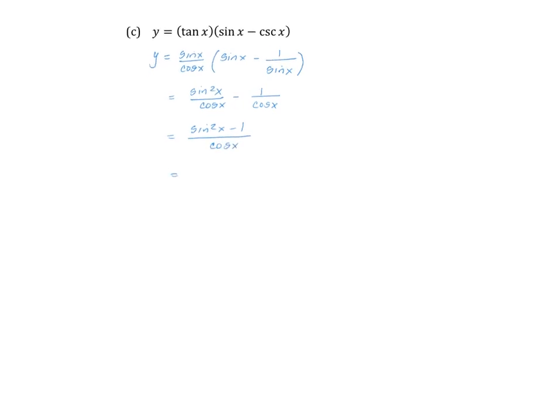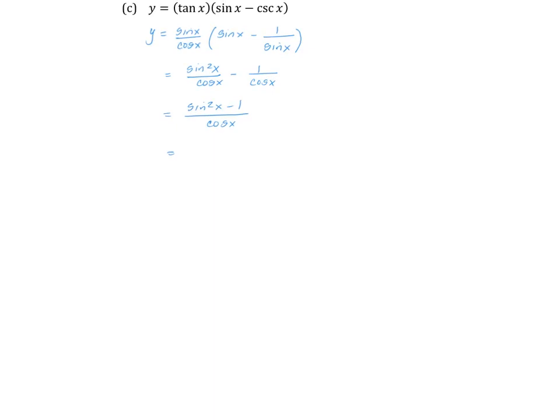Now you may think that this is worse, but it's actually not, because sine squared minus 1 is negative cosine squared. So going back to our trig identities, and this is over cosine, this would just simplify to negative cosine.